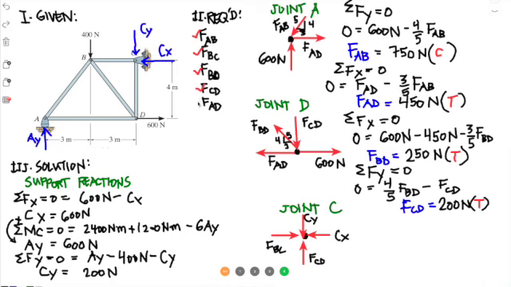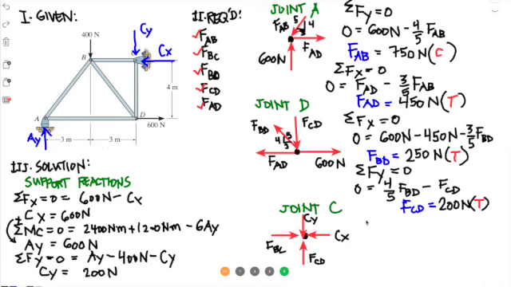For joint C we have BC. Okay, so we solved AD earlier, but we don't have BC yet. So now we're going for BC, and we can find that by going to joint C. We already have a value for CX, which is 600 newtons.